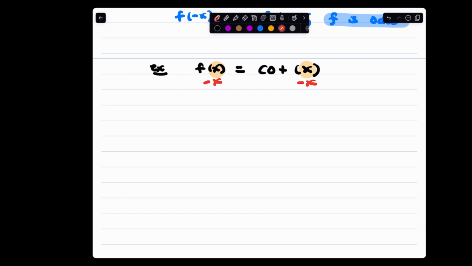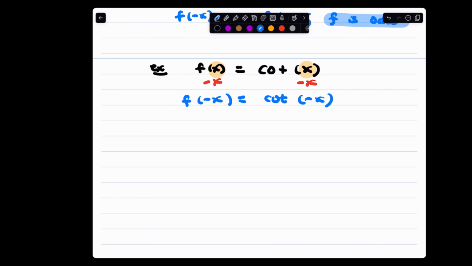Okay, so you got f of negative x is cotangent of negative x. Do you guys happen to remember anything about cotangent? Remember, tangent is what? Yeah, it's reciprocal, but is tangent even or odd?